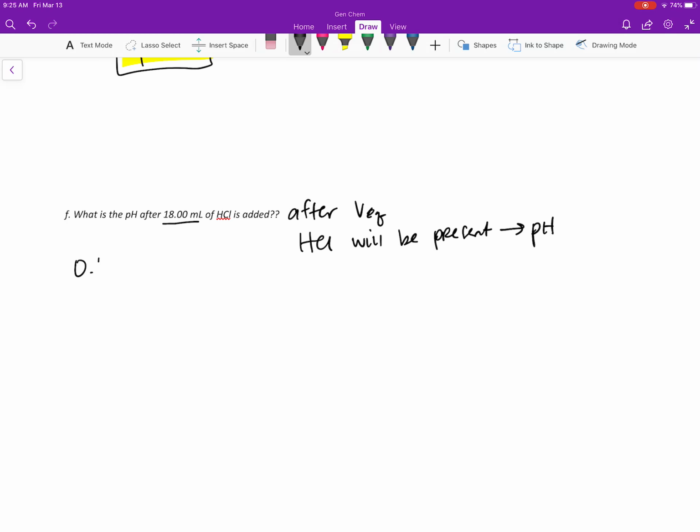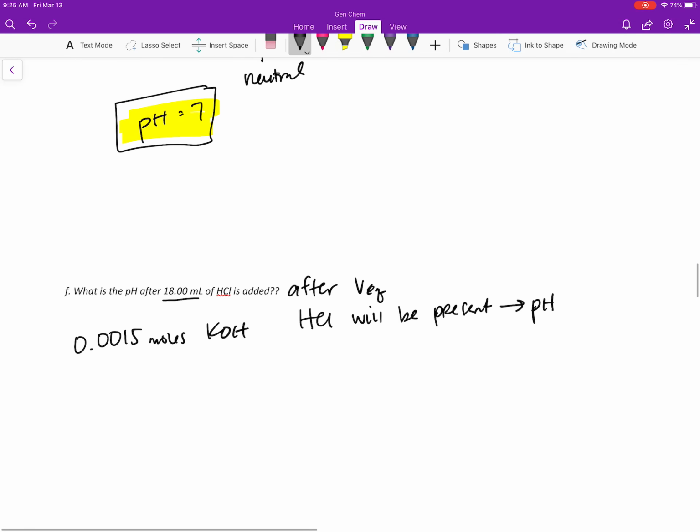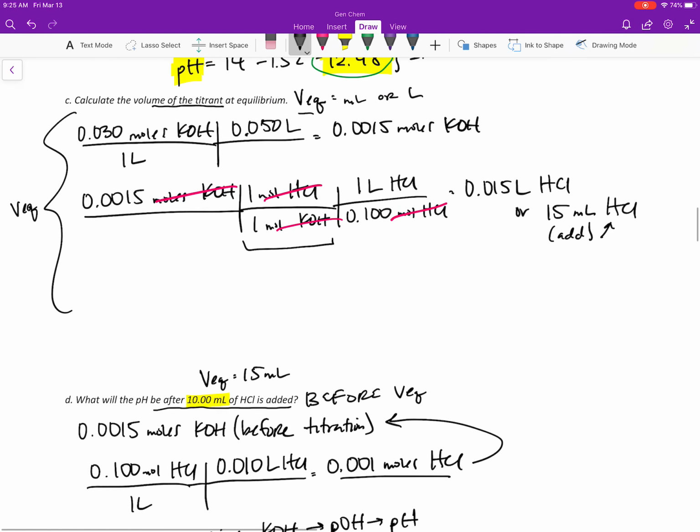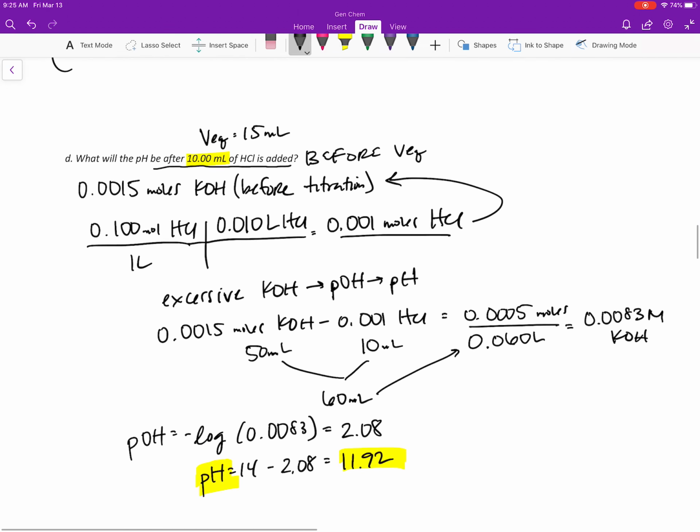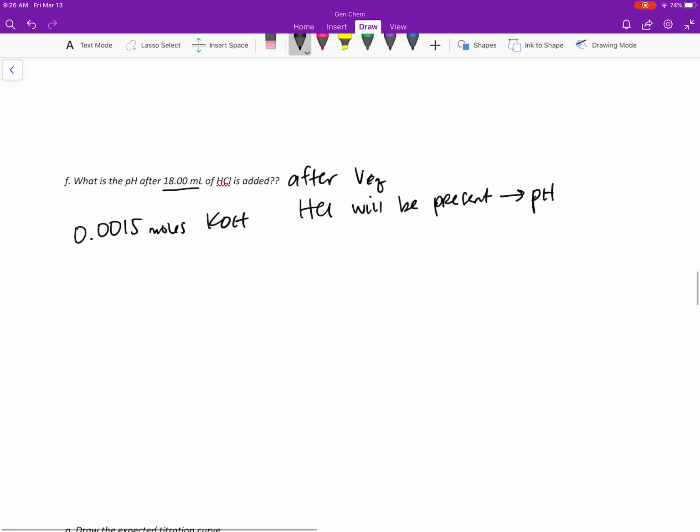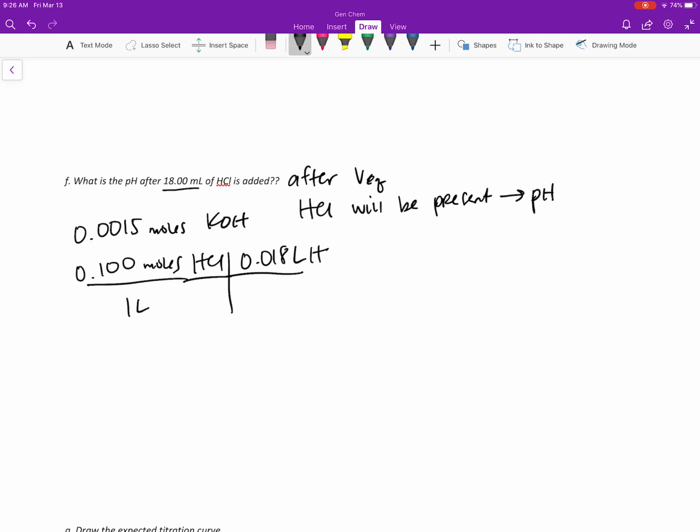So I'm still going to start off with my initial amount of KOH that I solved for up in part C. But now when I solve for moles of HCl, I'm going to use this volume that's given here to calculate how many moles of HCl I have now. So my volume is going to cancel out, and this is going to leave me with 0.0018 moles of HCl added.